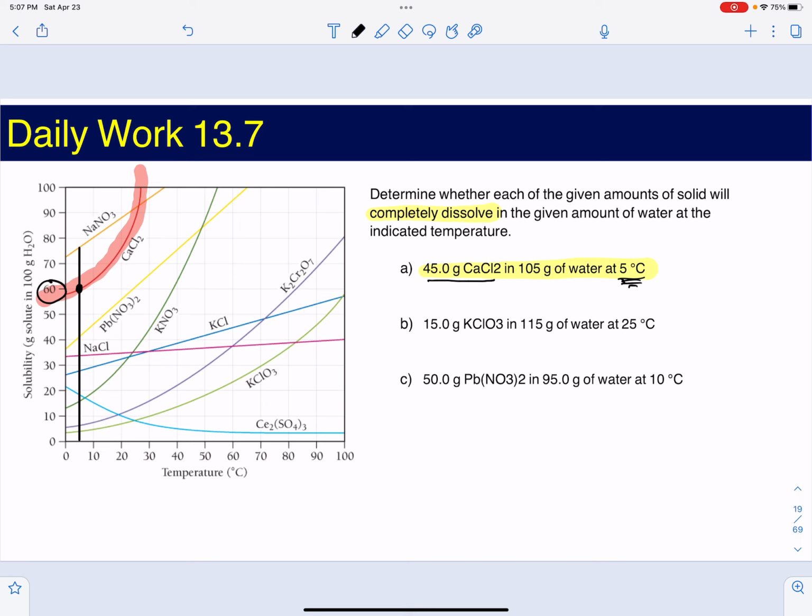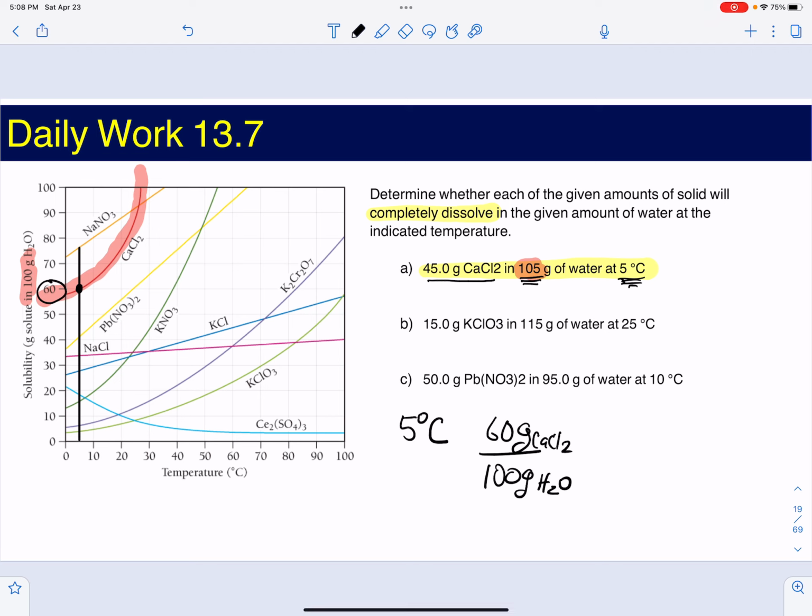However, look at this here. This is different. The graph is based on 100 grams of water. This is 105. So how do I approach this problem? It's relatively simple, because this is telling me that at 5 degrees Celsius, I can dissolve 60 grams of CaCl2 for every 100 grams of water.